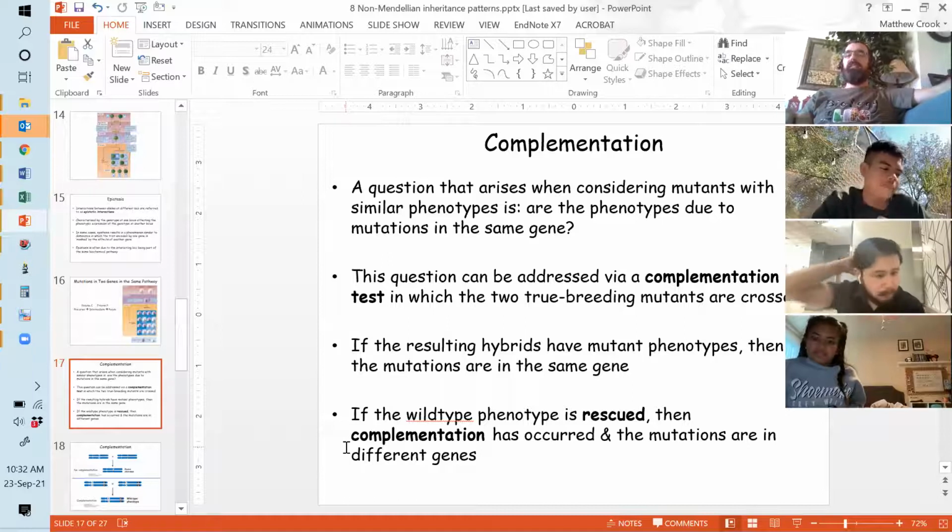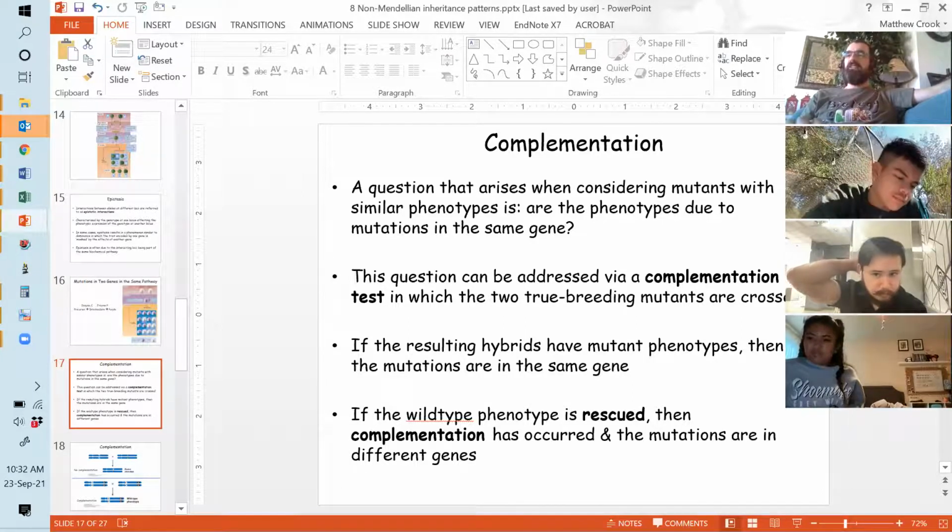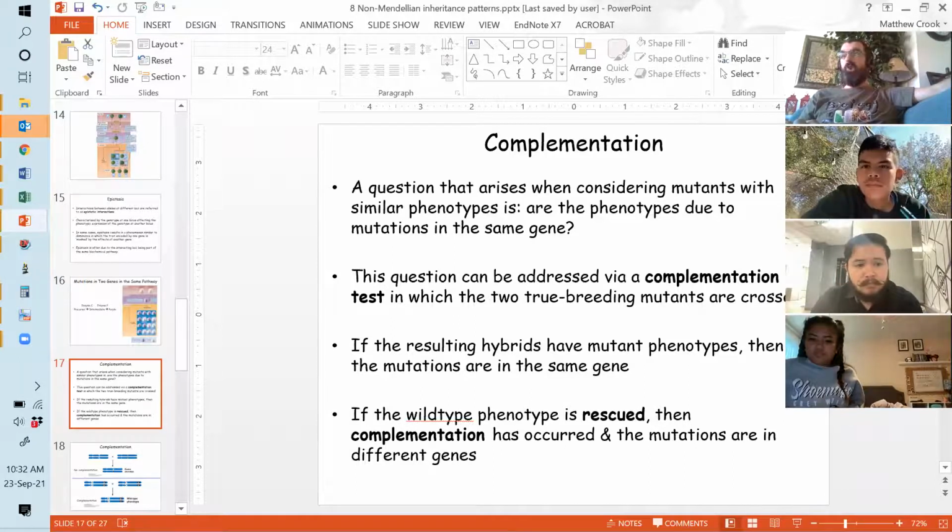So this thing of complementation is actually in many ways more of a technique than it is a phenomenon that one would explore.